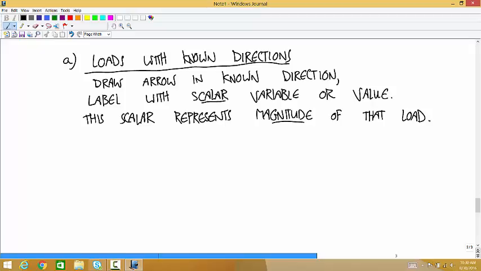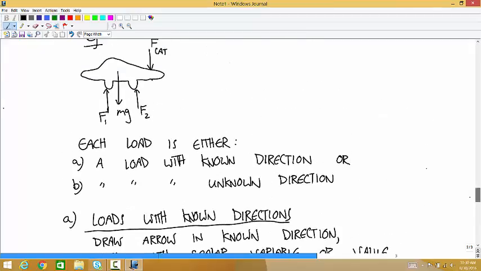In the example I did up here, I treated these all as loads where we knew the direction. And you can tell that because I have arrows pointing in a known direction, and the associated variable or value is a scalar. It's a number. It's not a vector.